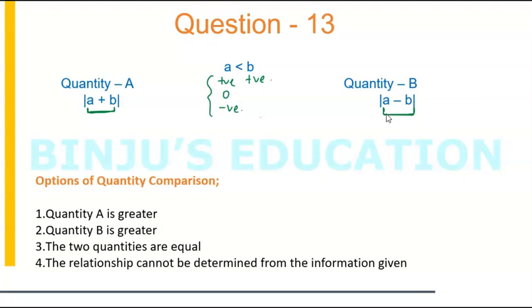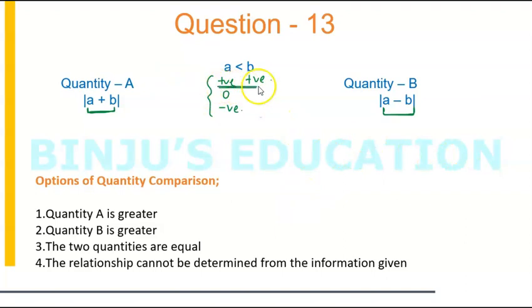Because you have two quantities, both of them positive. In one case you are adding them, in the other case you are subtracting them. So the magnitude of addition will always be greater, that's for sure. Whether you put mod or don't put mod, that's a secondary thing. If you have two quantities having similar signs, and you are adding them up, their addition's magnitude will always be greater than their difference's magnitude.